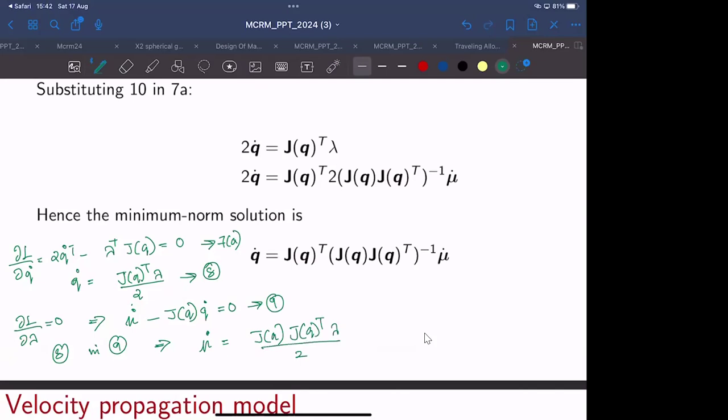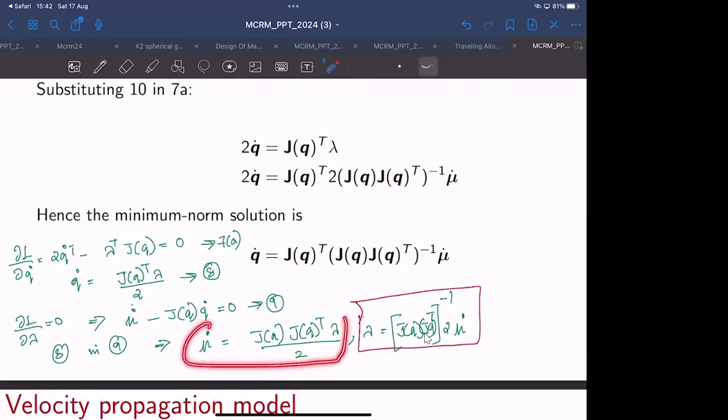So now if from this equation I solve for lambda, lambda would be 2 times the inverse of J of Q J of Q transpose, pre-multiplied with mu dot. Hope that is clear. From this equation, I am solving lambda, and I'll get equation 10.